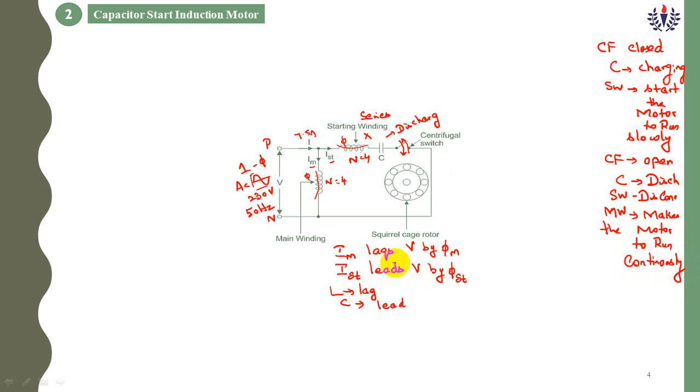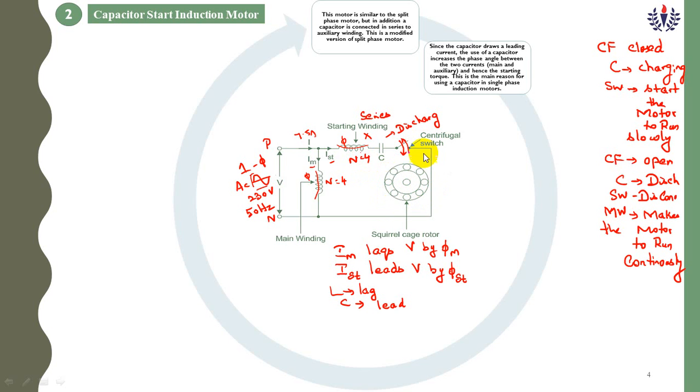When the motor is running continuously, at that time you should not use the starting winding, and the capacitor also you should not have, because your centrifugal switch is open. Do you understand? This is the operation of the capacitor start induction motor.